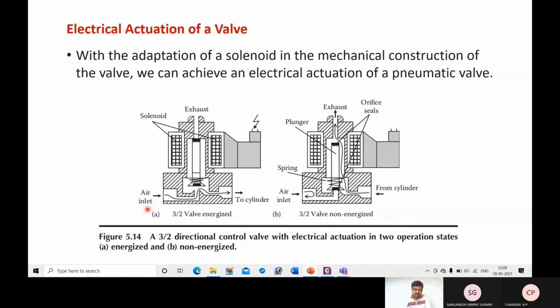Here, this is the structure of a 3/2 way valve. There are 3 ports and 2 positions. This is one port, this is another port, and this is another, so there are 3 ports, 1, 2 and 3. Here, you can have 2 positions. Contact between this port and this port is one position. Contact between exhaust and this port is another connection.